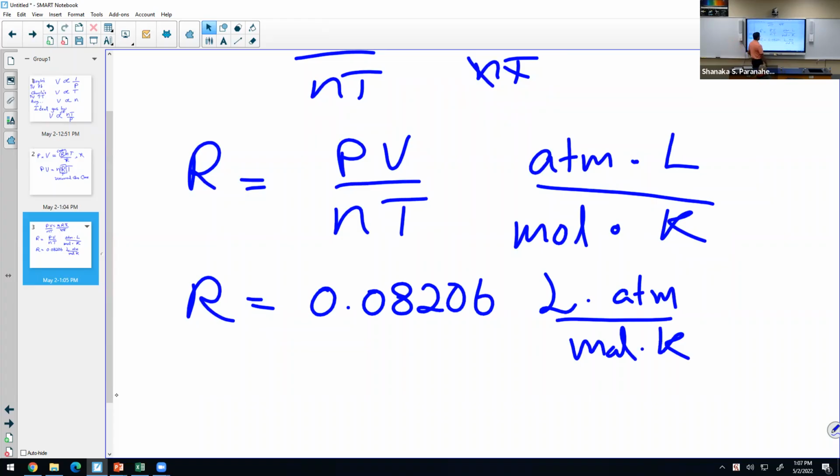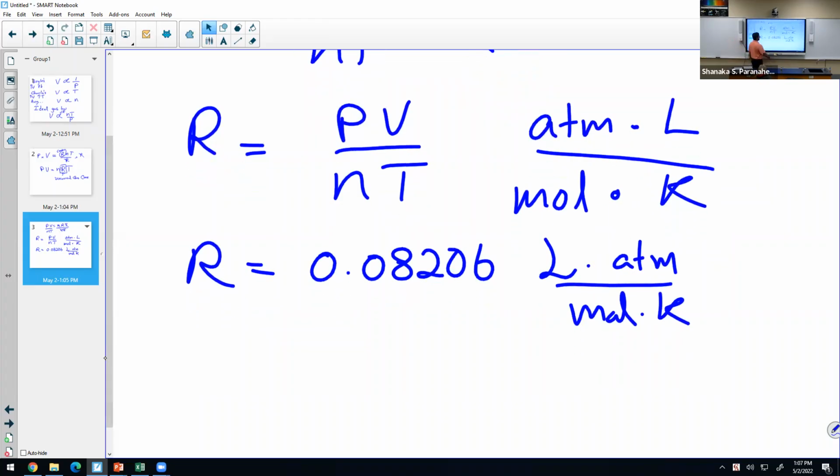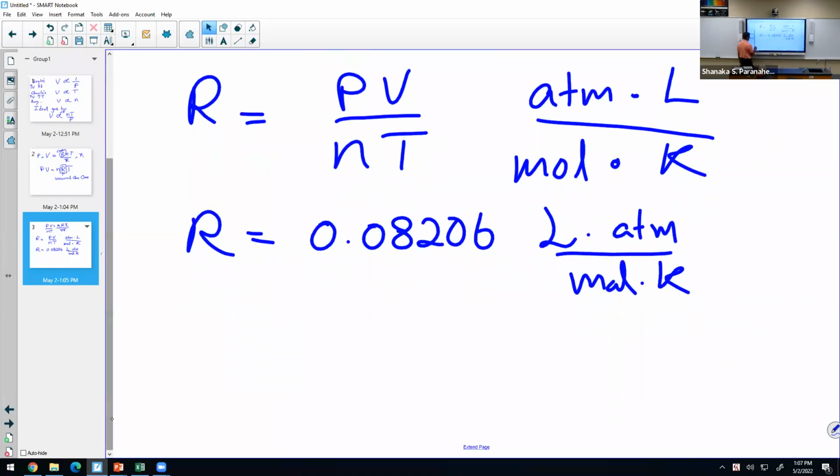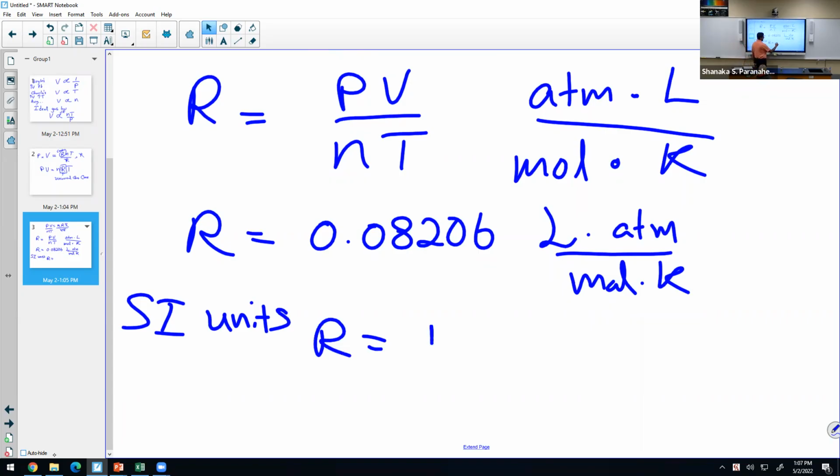Instead of atm, we can use our SI units. So let's go through the SI units. What is the SI unit for pressure? Pascal, abbreviated as Pa. What is the SI unit for volume? Cubic meters.